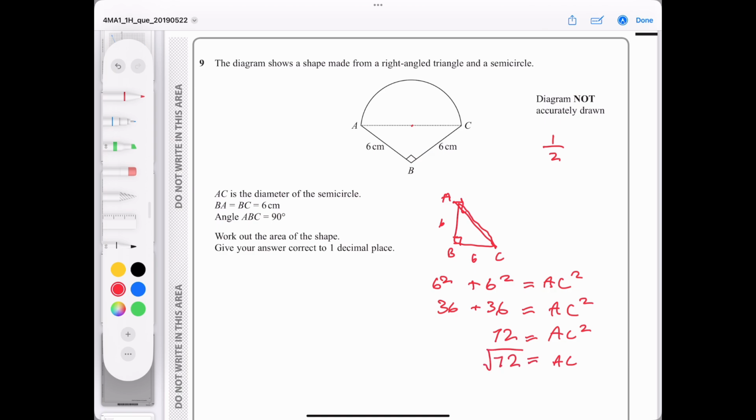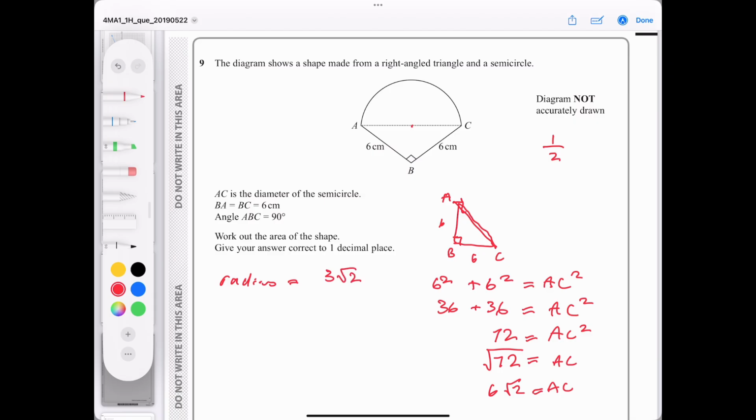I'm just going to put root 72 into my calculator because I think it'll give me the nice third, so it's 6 over 2. So AC equals 6 root 2. So if we know that, we know that the radius therefore equals 3 root 2.